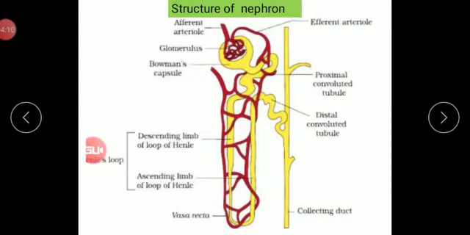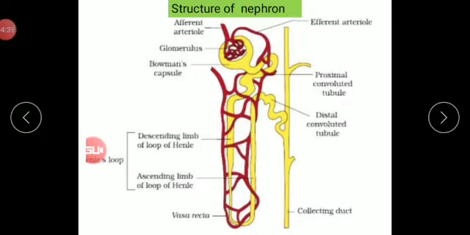As I said, the Bowman's capsule along with the glomerulus together forms the Malpighian corpuscle. This is the first part of a nephron, and the tube-like structure continues, and we term it the renal tubule.